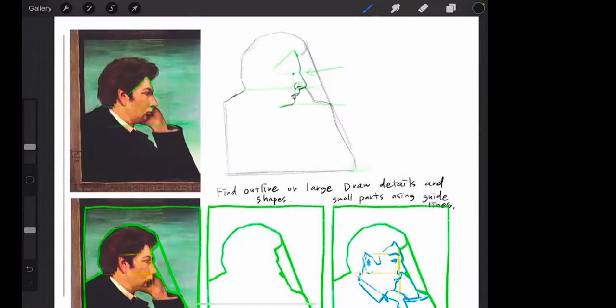So you can draw eyelids. You don't have to draw the double eyelid, but you can draw it.